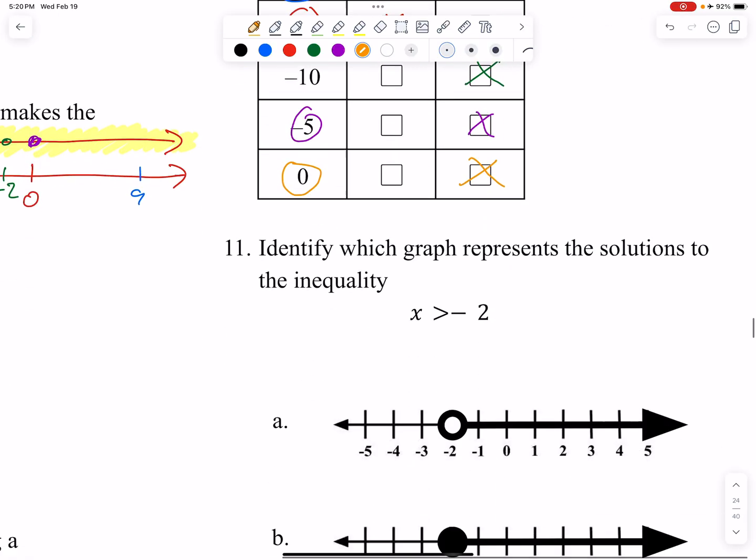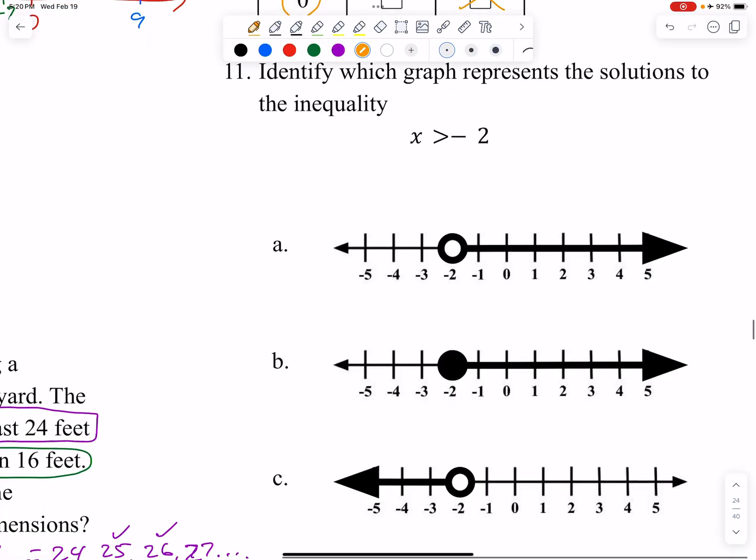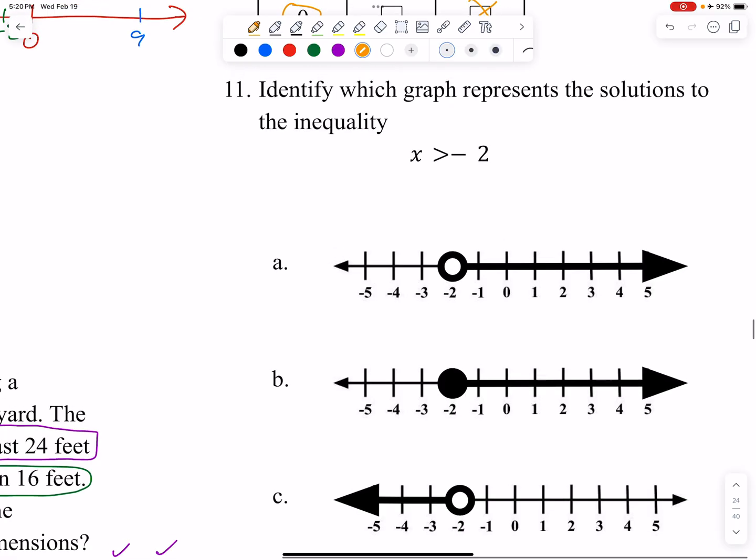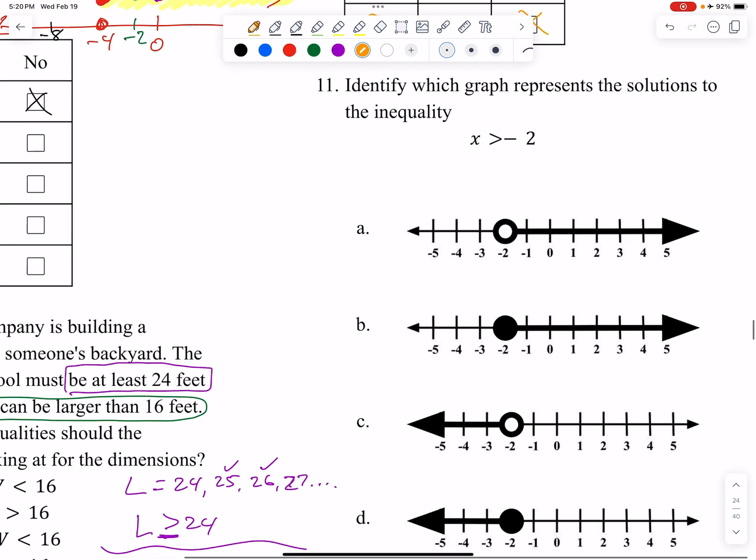All right. Next one. Identify the graph that represents the solution. So this is where it's really nice. Guys, this has got to be an easy one for you, okay? The main thing is, is it open or closed? That should be open, and it makes their life easier because I can automatically get rid of the closed ones. So what's the next step?